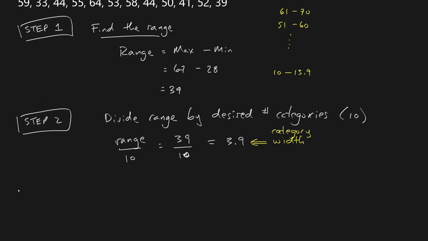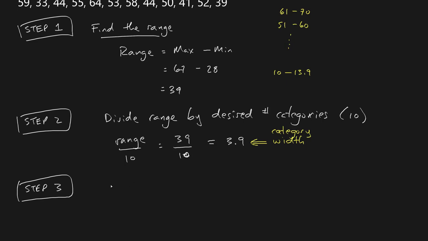So step 3 suggests this. And remember, these are all just suggestions. So if you want to get rid of one of these at any point, that's fine. We're just trying to work towards a small table with enough categories to break things down a little bit, or to break them into different groups a little bit.